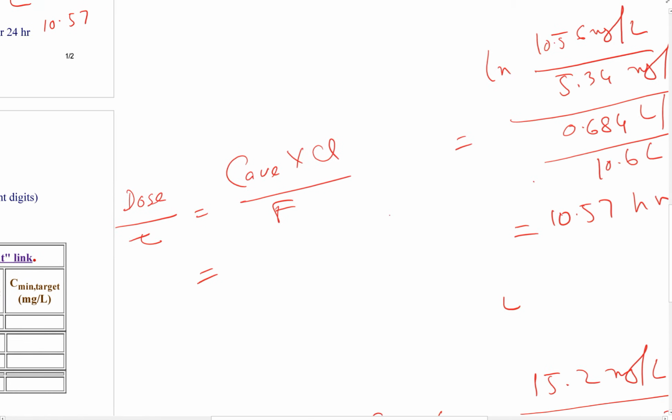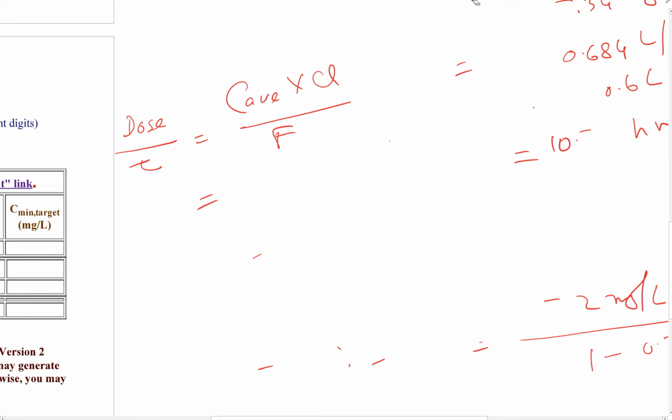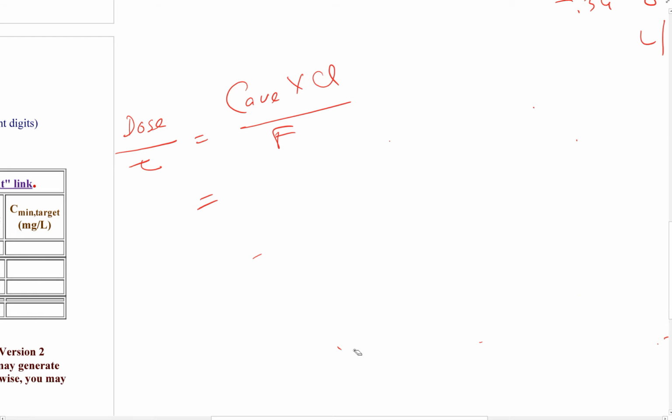F is always 1. So I have showed you how to calculate C average. Your C average is 7.656 times CL, which is 0.684, divided by F, which is 1. When there is no F, you just always use 1.